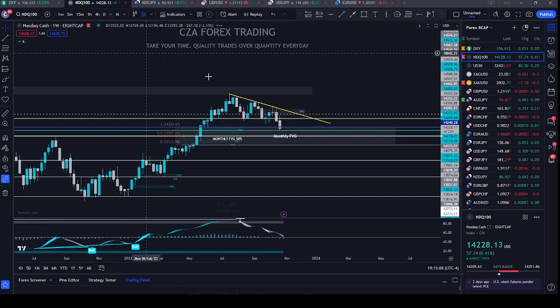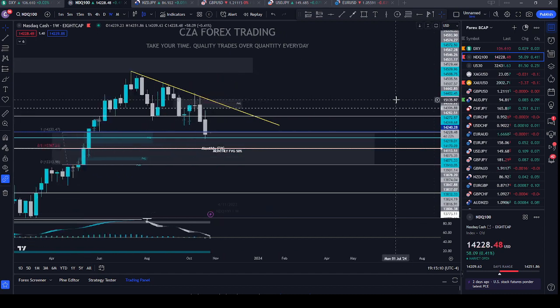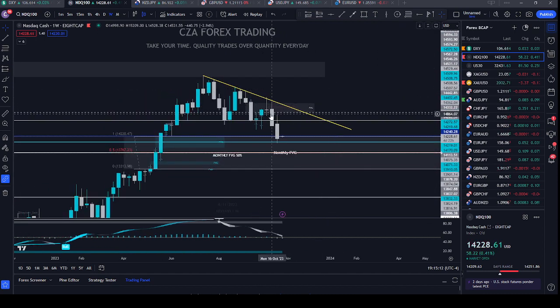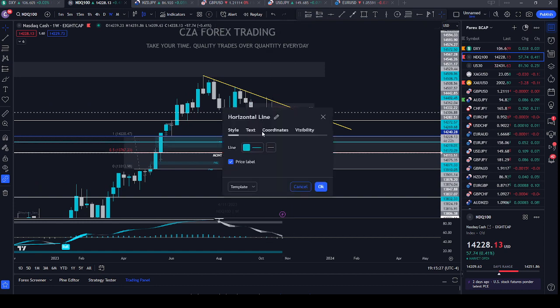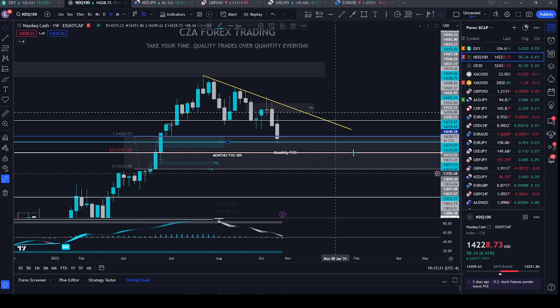Let's go down to weekly. What can we identify on the weekly? Weekly, we had a fair value gap here. It was mitigated because we tapped into it. We have a fair value gap right over here. This is a weekly fair value gap at the 14071.33 line.